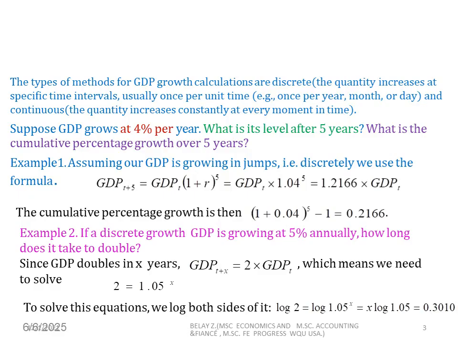X is the doubling time. We are going to solve for variable x. To solve this equation, we take the log of both sides. To get the time, we have to use logarithm. Log 2 is equal to log 1.05 to the power of x, which is equal to x times log of 1.05, and log 2 is equal to 0.301.